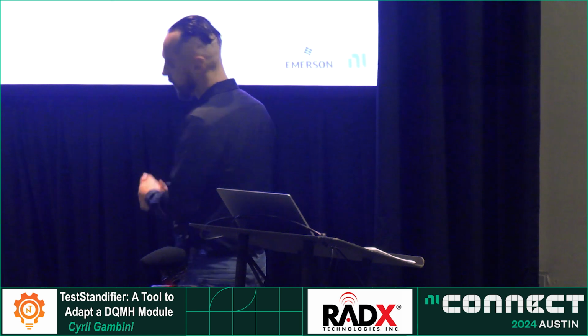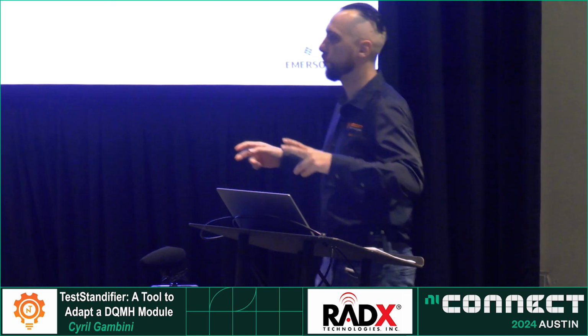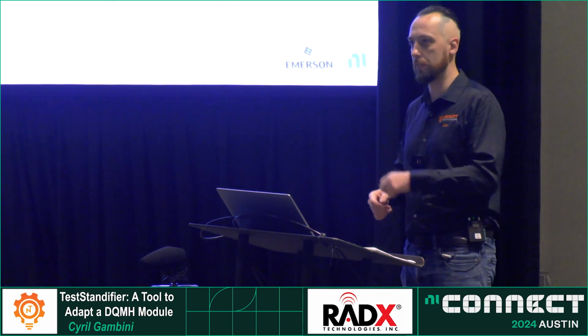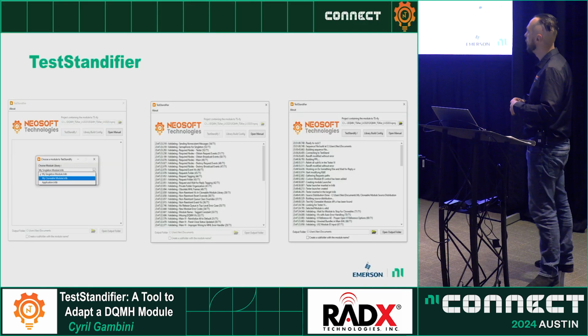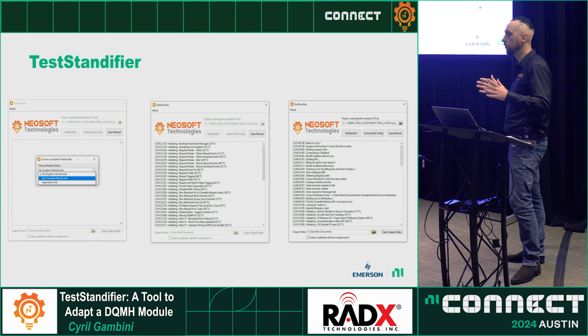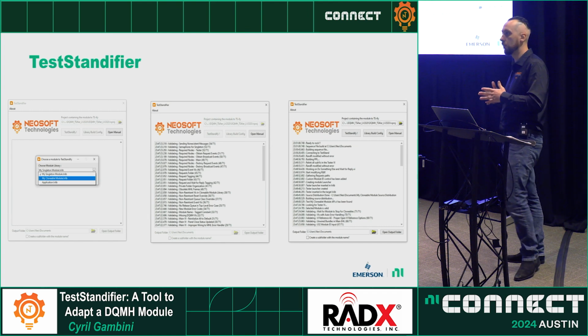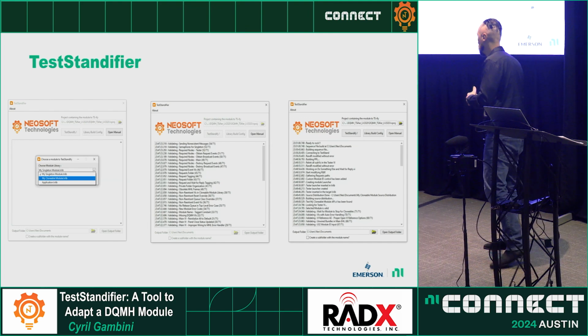And like all Netflix ideas, they seem easy on the couch, but when you start working on it, it's not that easy anymore. So I will go through the slide and give the recipe of what we are trying to do in the TestStandifier and why it solves the problems I exposed in the previous slide.